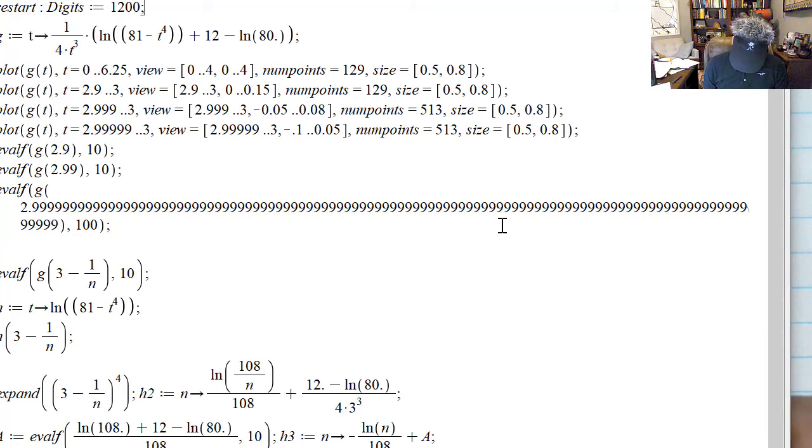Yeah, I just have it as e to the 108 times negative m plus a, same thing. So that's how big n has to be if you want to reach that.